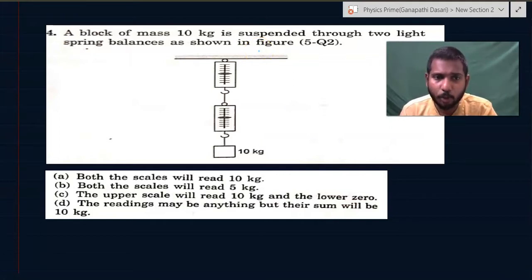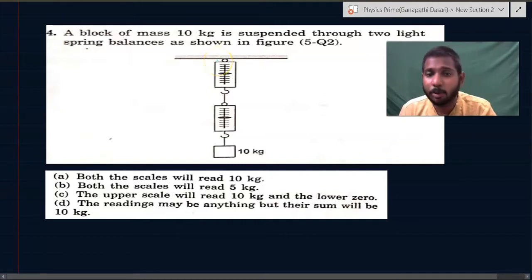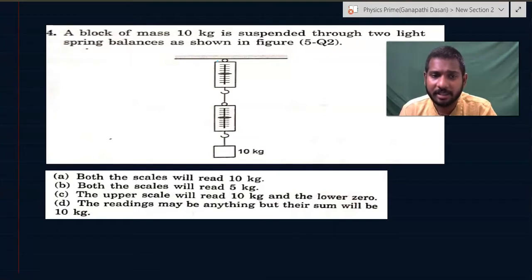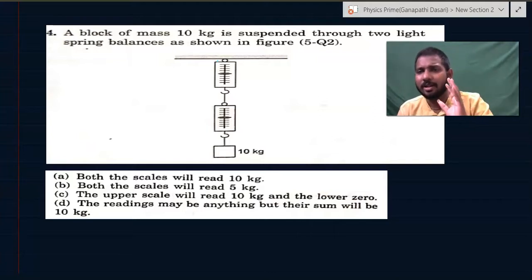The options are: both the scales will read 10 kg, both the scales will read 5 kg, the upper scale will read 10 kg and the lower will read 0, the readings may be anything but the sum will be 10 kg. Don't try to solve this question just by your intuition. You need to be careful in drawing a free body diagram and getting the clarity.